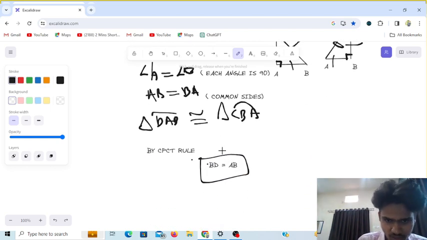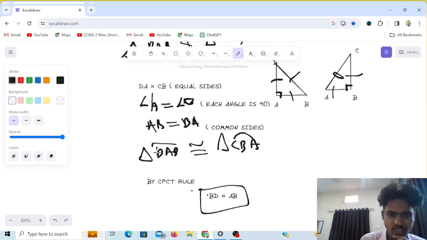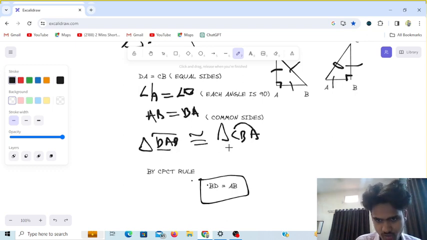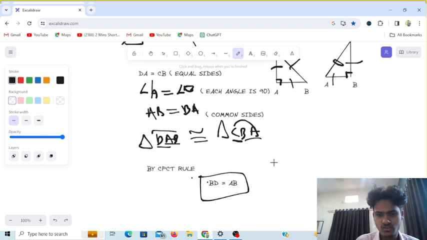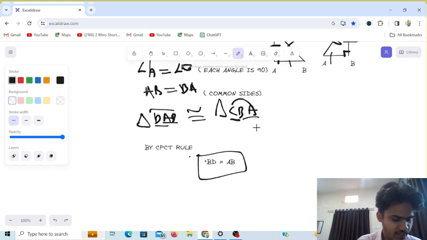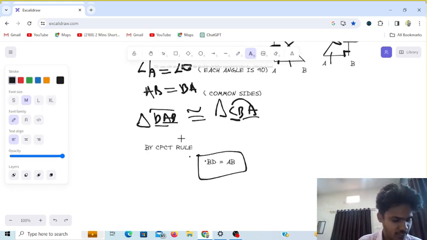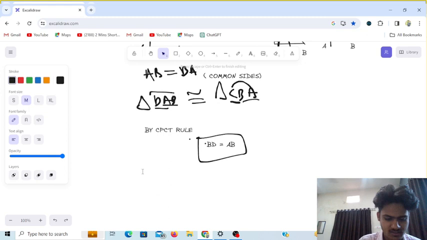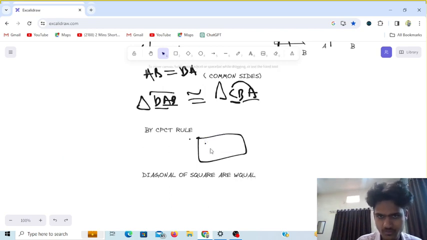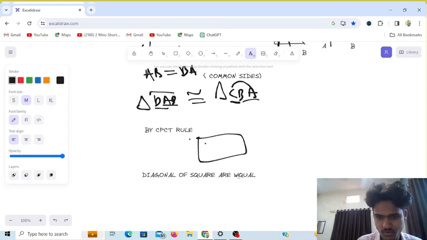Why do we write this? Because of the CPCT rule. The triangles are congruent, and by CPCT we can say that DA equal to CB, BA equal to AB. From this we can say that BD equal to AC, and in the last we write: diagonals of a square are equal.